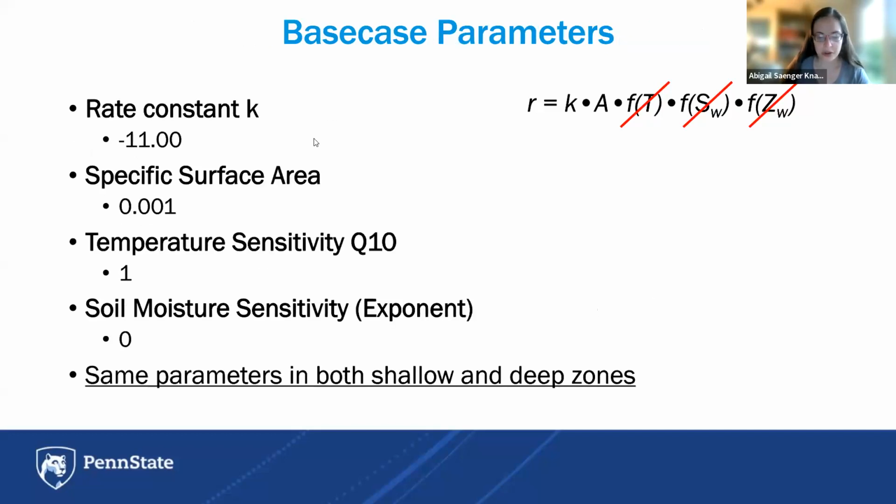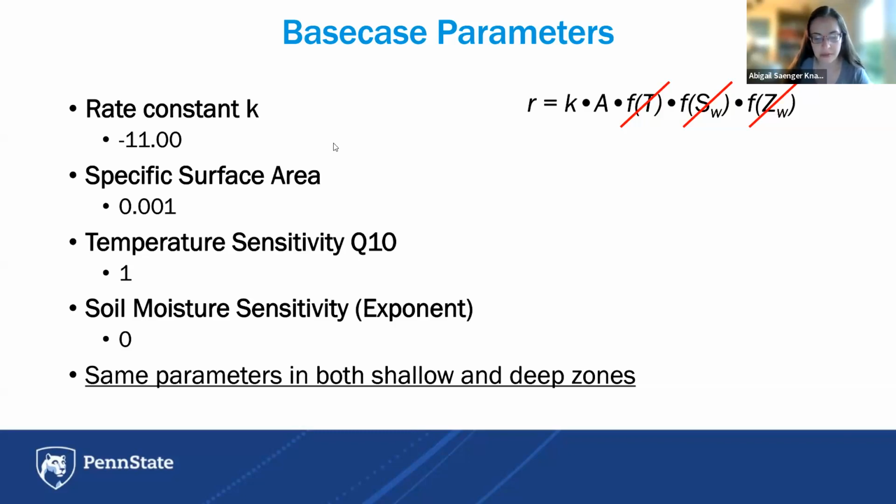I've chosen 4 of the most important parameters to change for a silicate weathering model: reaction rate K, specific surface area, Q10 from the temperature sensitivity term, and SW_EXP, or soil moisture exponent, from the soil moisture sensitivity term. First, let's look at our base case parameter values.